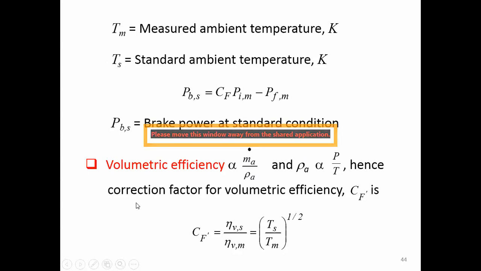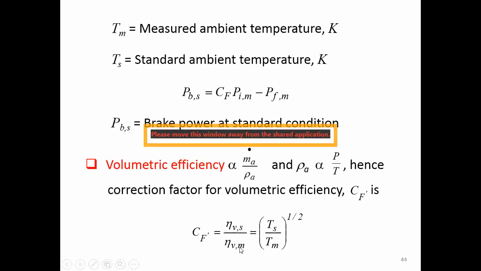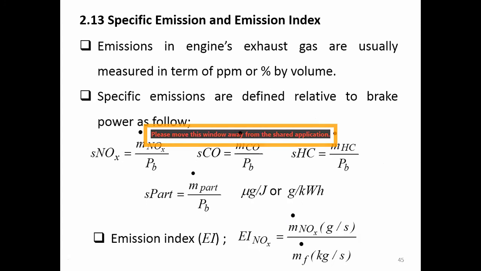So the correction factor for the volumetric efficiency will be this one. It is the volumetric efficiency at the standard condition divided by the volumetric efficiency at the measuring conditions, which is the temperature at the standard condition divided by the measuring temperature, to the power of 1/2. Okay.